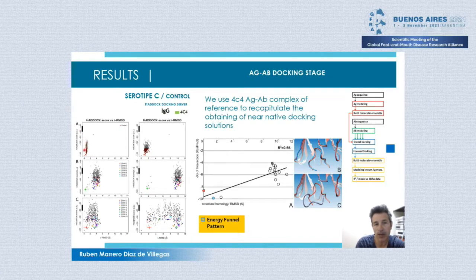Here we obtain the characteristic funnel pattern with a lowering energy across different solutions that reflects here. In red there is the reference 4C4 peptide inserted interacting with the antibody, and in blue we can see a recapitulated solution near the native structure, and here in gray a more structurally distant solution.